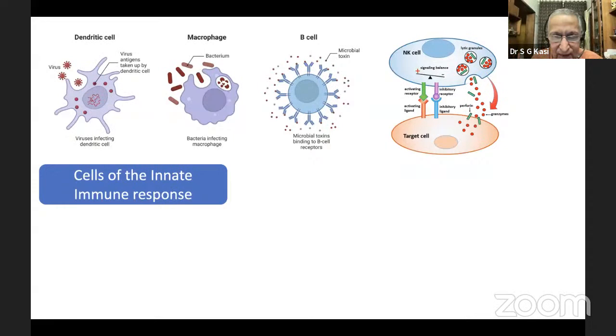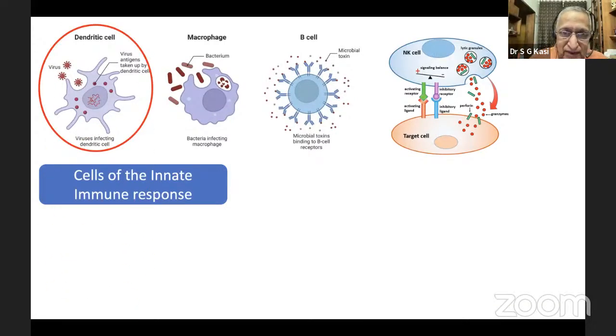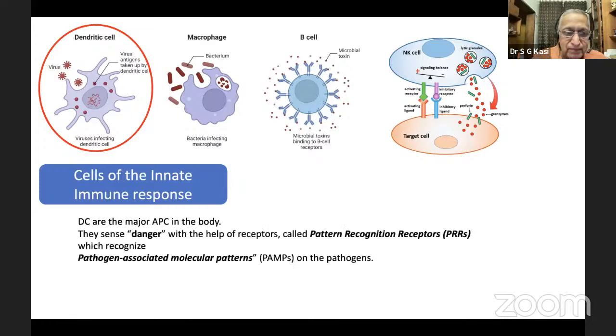So first, let's look at innate immunity. The three or four main players are the dendritic cell, the macrophages, the B cells, and the natural killer cells. And how do they work? Of these, the dendritic cell is most paramount. Now, these dendritic cells are like policemen. They're patrolling all over the body, in the blood and in the tissues.